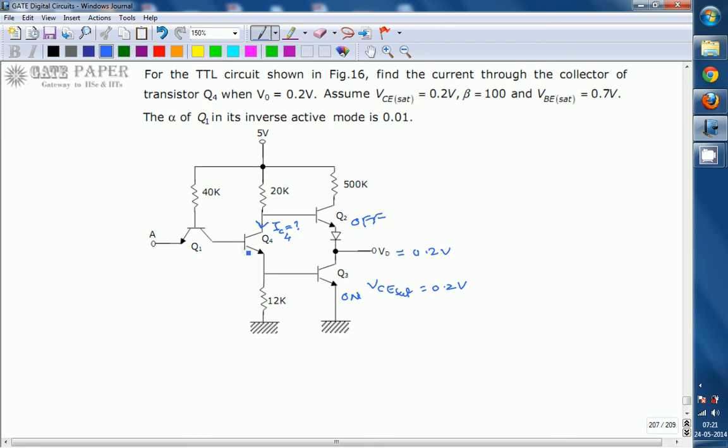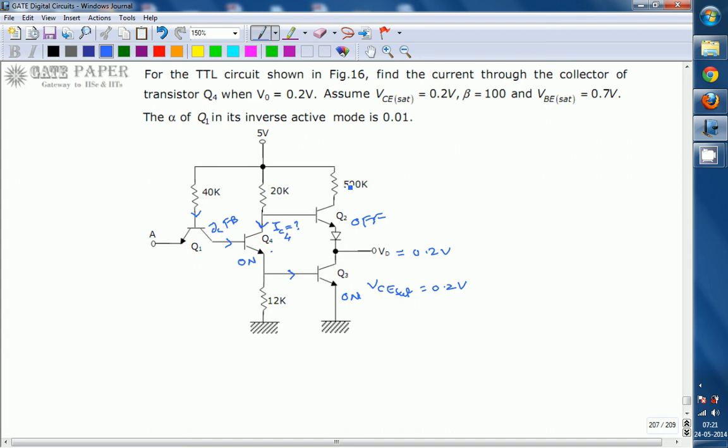And this is on, which implies that Q4 is also in the on condition, and JC is forward biased. The current is coming in this way, that makes Q4 on, and that provides the biasing current for Q3 so that it enters into saturation.